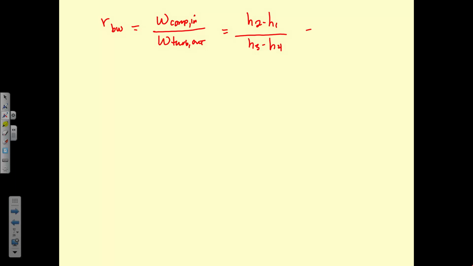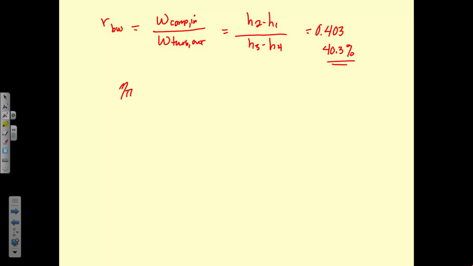If we plug in the numbers, we looked up H1, 2, 3, and 4 previously, we get that our back work ratio is 0.403, or in other words, 40.3% of the work from the turbine goes back into the compressor to keep our process going.